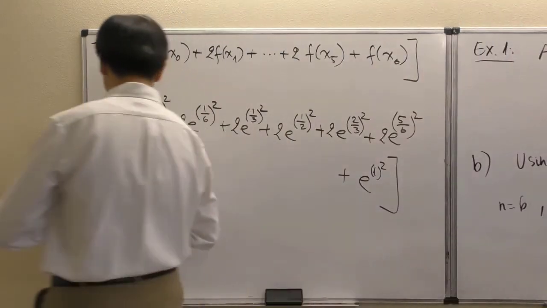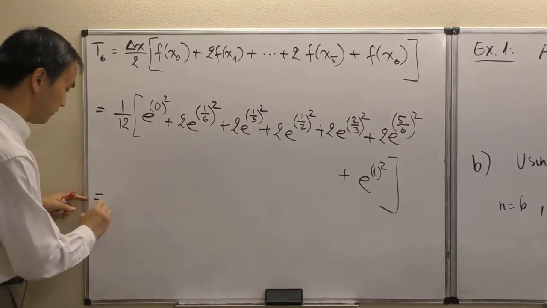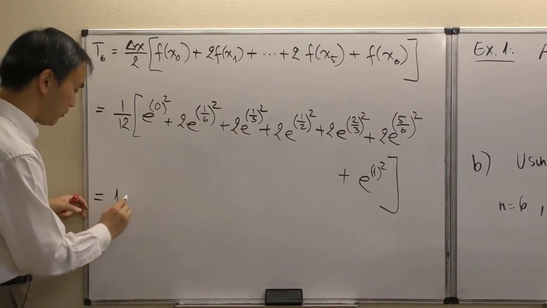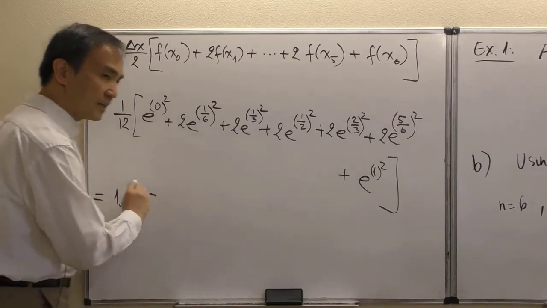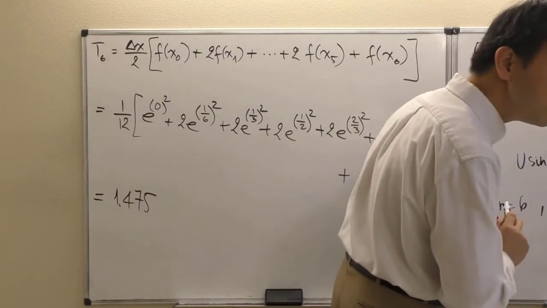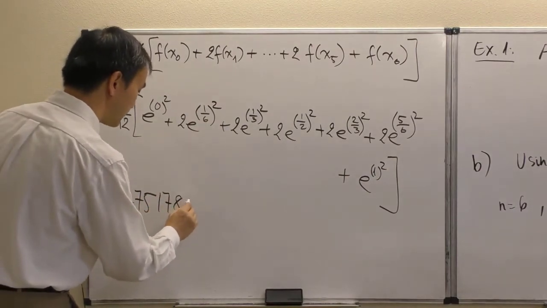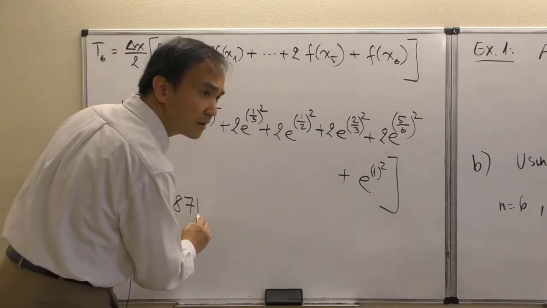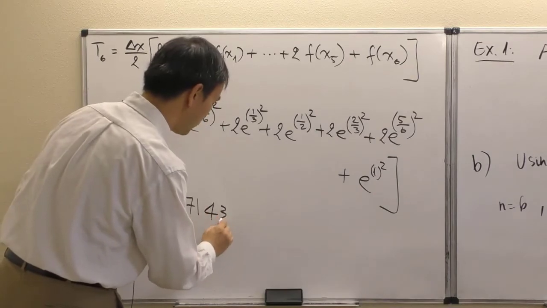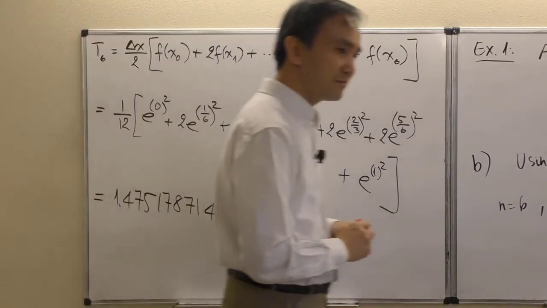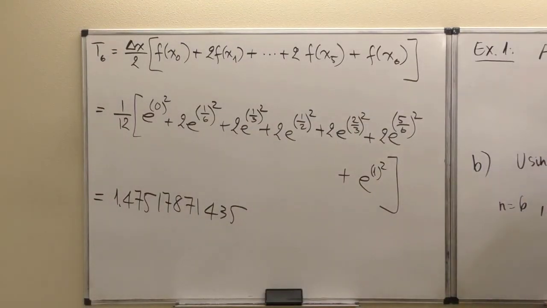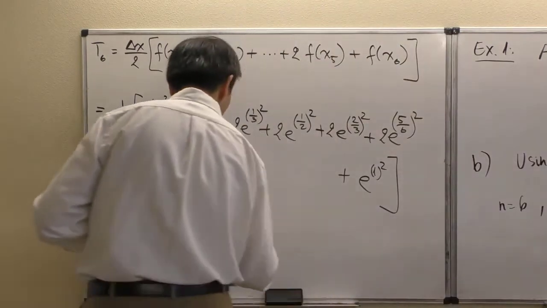All right, and so my calculation came out to decimals 1.475178 71435, and let me double check again. All right, and a lot longer.